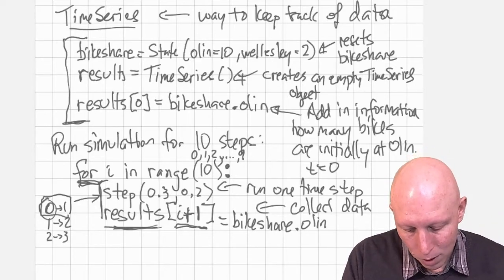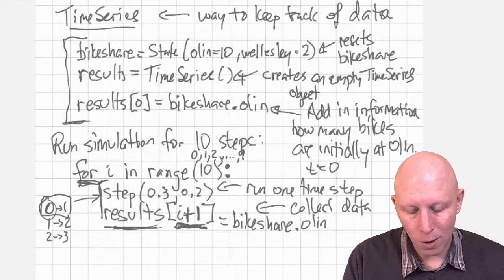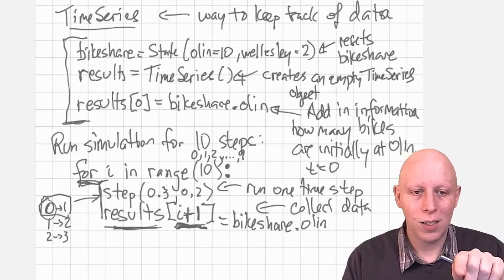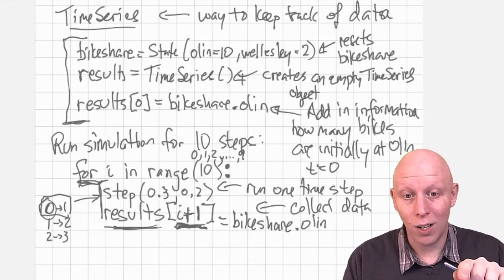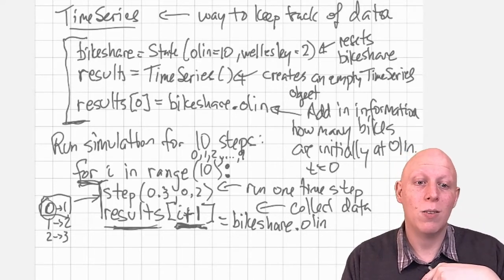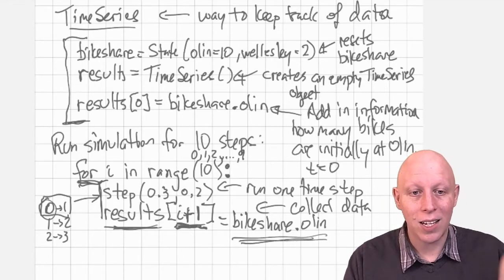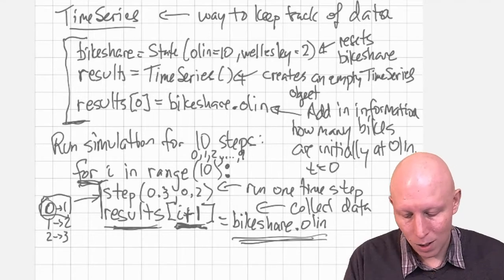So this i plus 1 is here because the step goes to the next time value, and we need to record the number of bikes there are at Olin at that next time value.